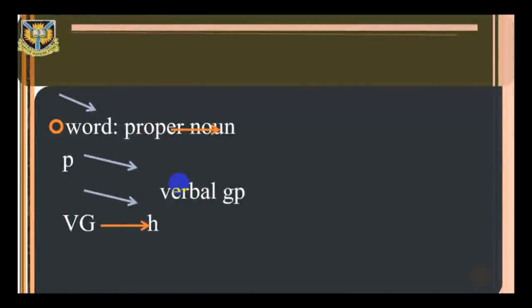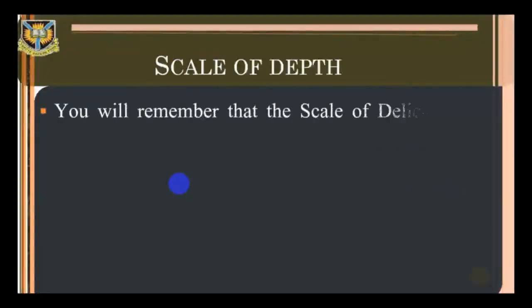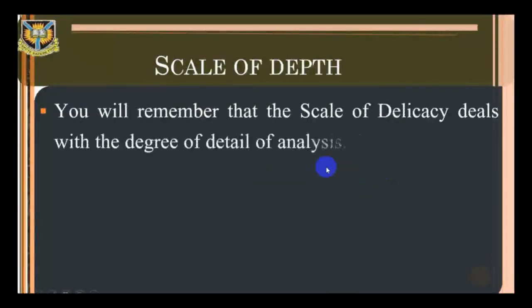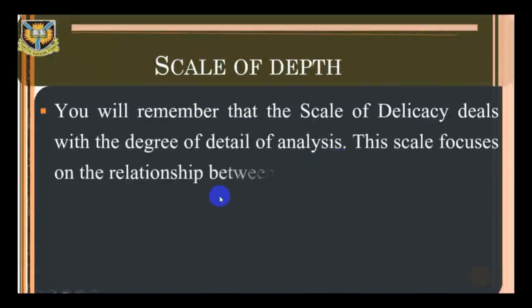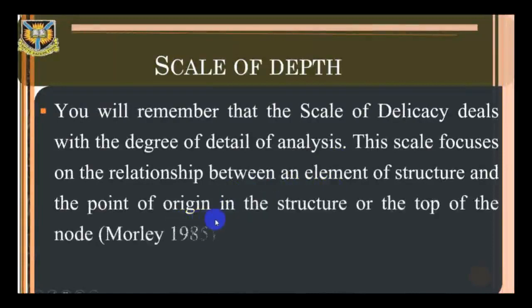The scale of depth considers the degree of complexity of a stretch of language. You will remember that the scale of delicacy deals with the degree of detail of analysis. This scale focuses on the relationship between an element of structure and the point of origin in the structure, or the top of the node.